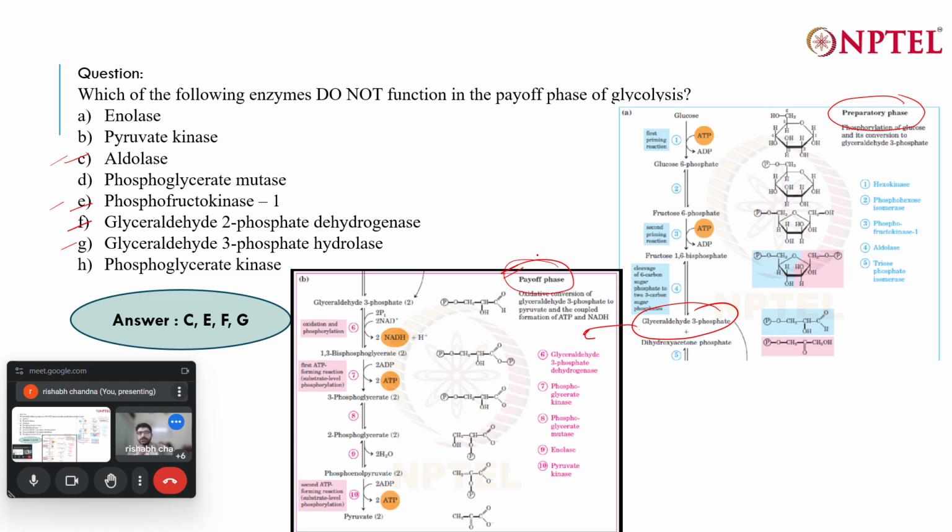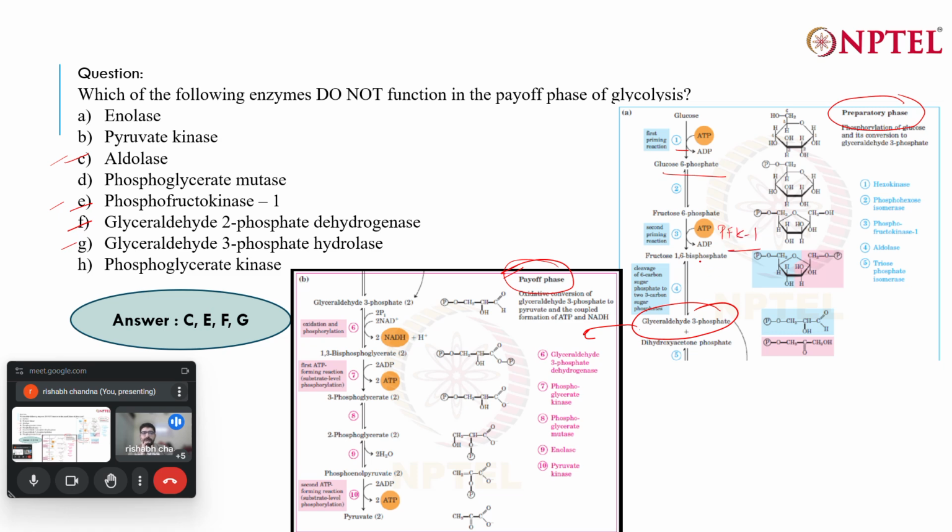Okay, so we'll check what are the enzymes involved in the preparatory phase. First, when glucose is converted to glucose 6 phosphate, it takes place with the help of hexokinase. Then glucose 6 phosphate is converted to fructose 6 phosphate. This is phosphohexose isomerase. Then when fructose 6 phosphate is converted to fructose 1,6 biphosphate, this is phosphofructokinase 1.